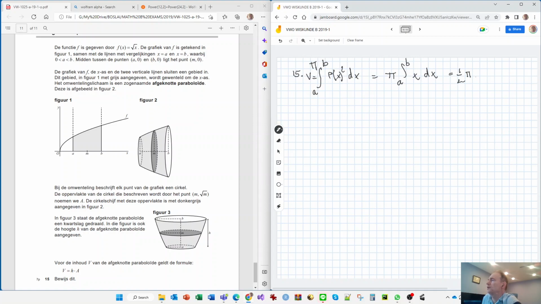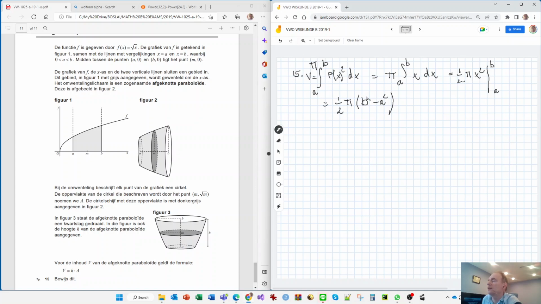So you have to evaluate this thing between b and a, and that is 1/2 pi times b squared minus a squared. But now we have to express this in h and A.